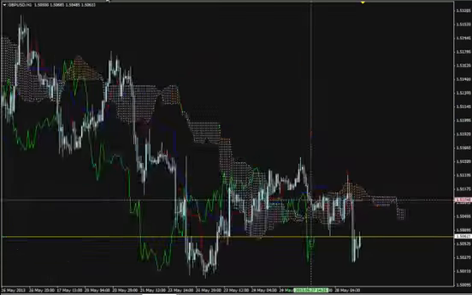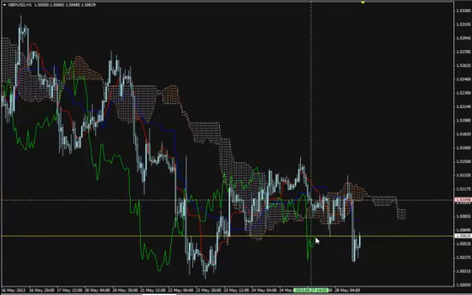H1 chart, definitely the leading Kumo is bearish. Price hangs below the Kumo. We had the bearish Kumo breakout here, a very strong one, with this long candlestick. We have this Chikou span, the green line, going downwards. It's below past price action, but it's turned upwards.